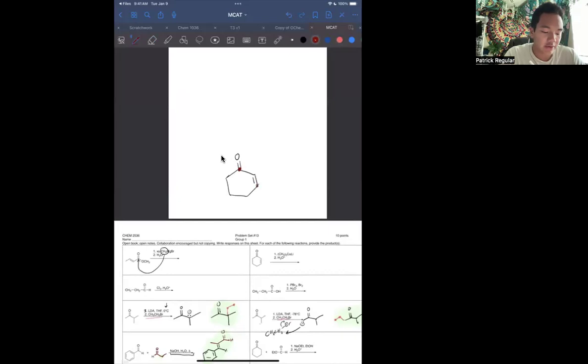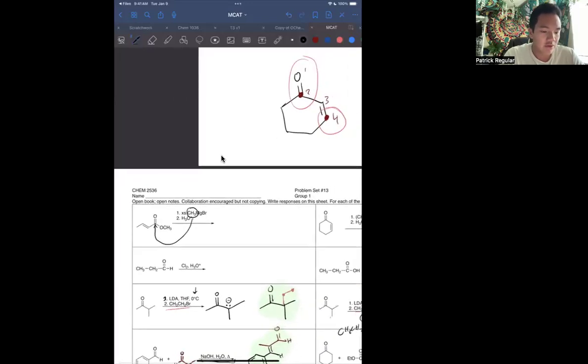This is going to be our 1,2 and 1,4 additions. Strong nucleophiles are going to do the 1,2 addition, and weaker nucleophiles are going to add to the 4 position. So when we have a strong nucleophile like this, the CH3 is kicked off and we're going to replace it with CH3.